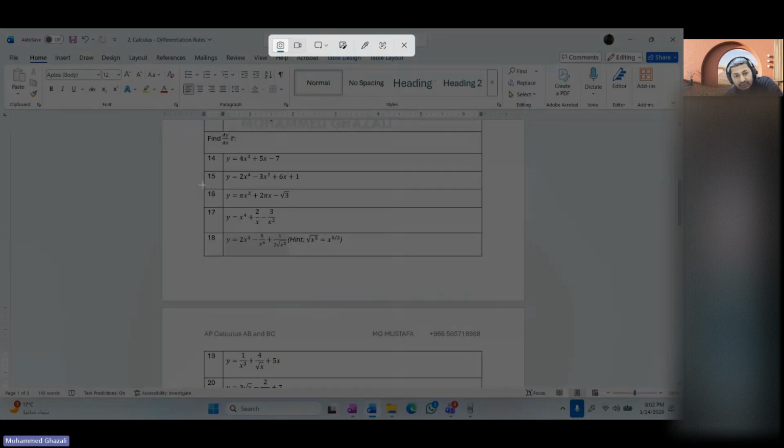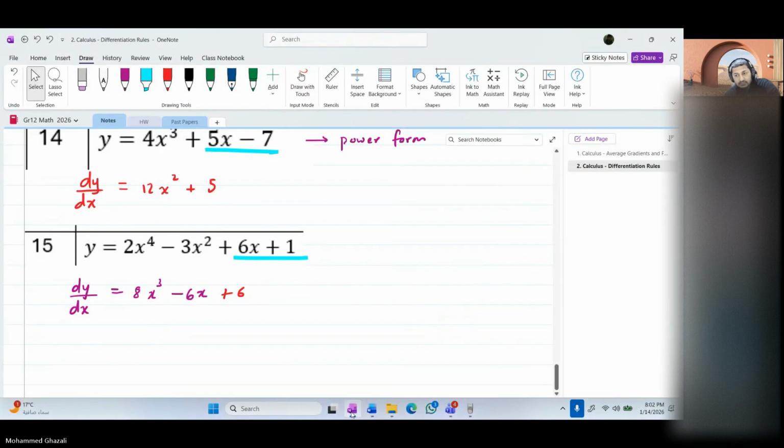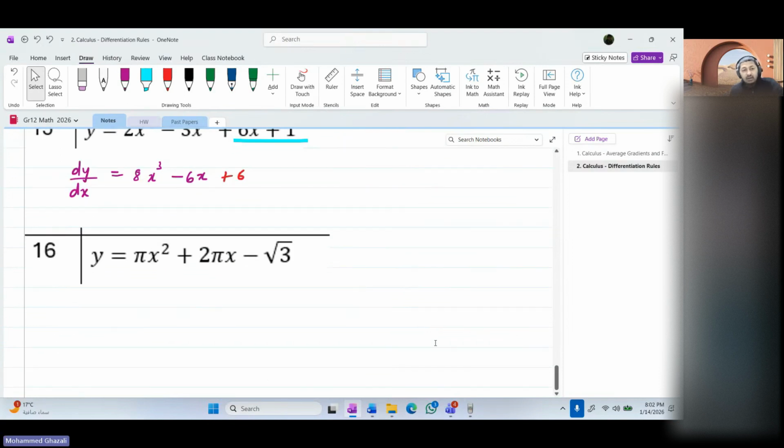There will be some confusing ones, so watch. We have y equals pi x squared plus 2 pi x minus root 3. Is this in power form? How do we notice whether it's in power form or not? Look at the variables. That's in power form.